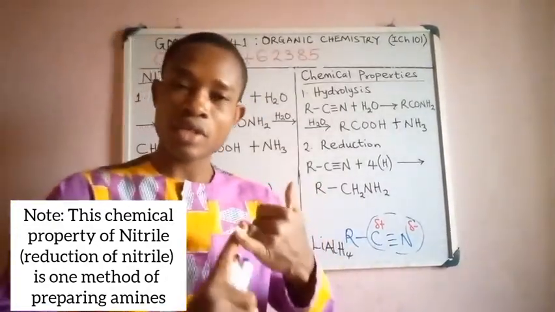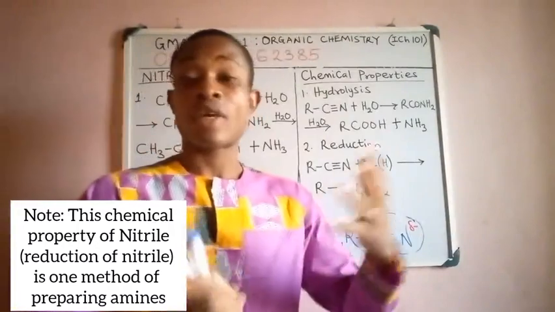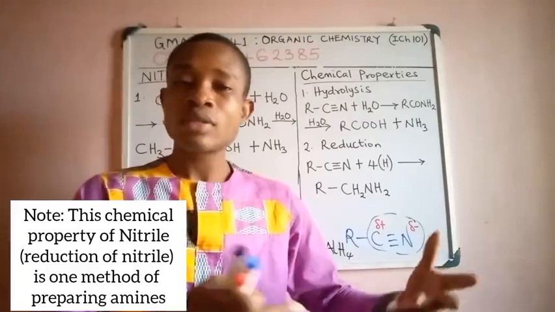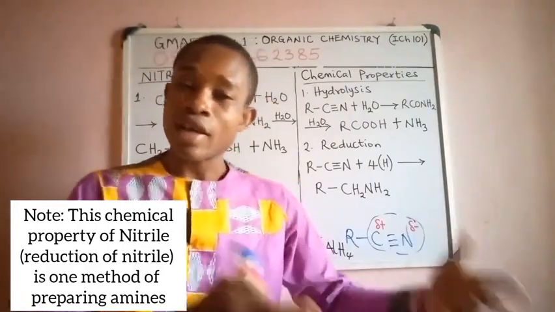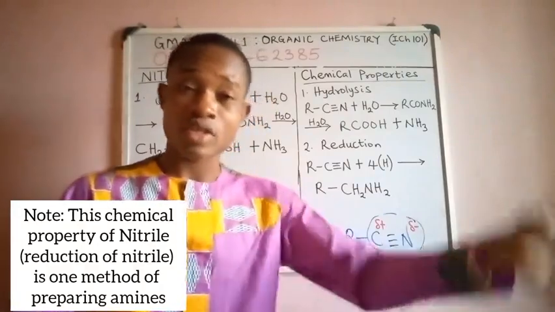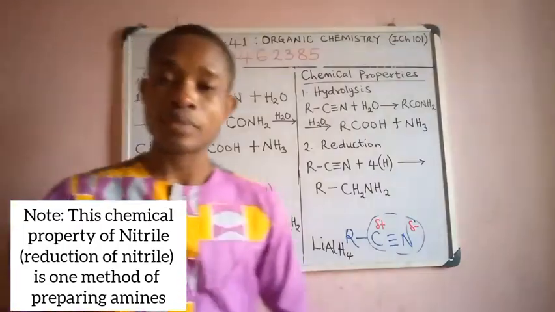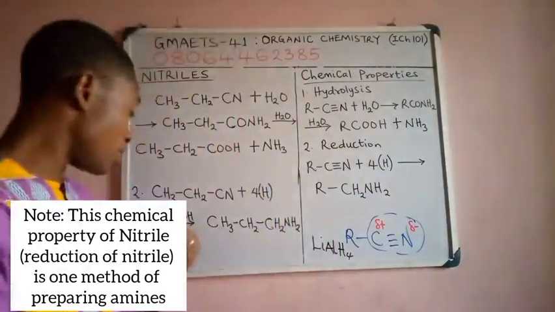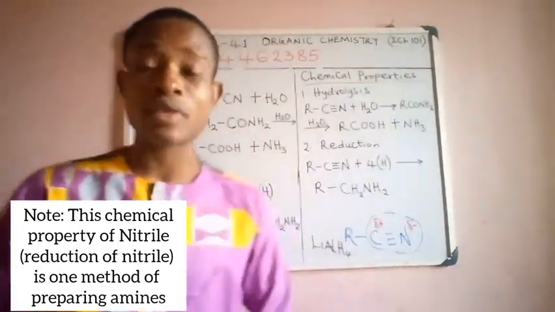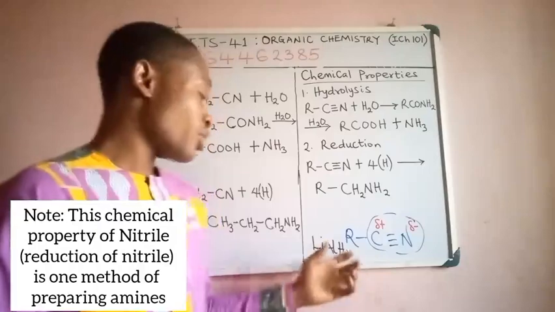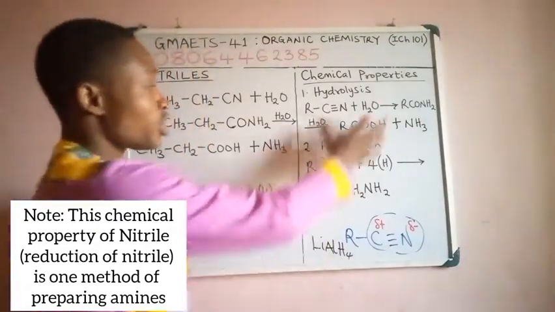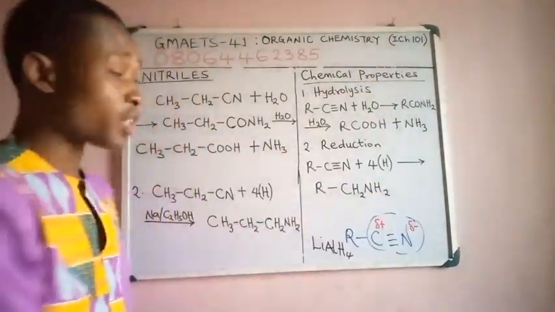Remember, in catalytic hydrogenation, one uses a catalyst like platinum, palladium, or Raney nickel when introducing hydrogen gas to the nitrile. Then you can use another reducing agent of your choice, sodium in ethanol, and then lithium tetrahydroaluminate. So this is the general scheme given here in the reaction.